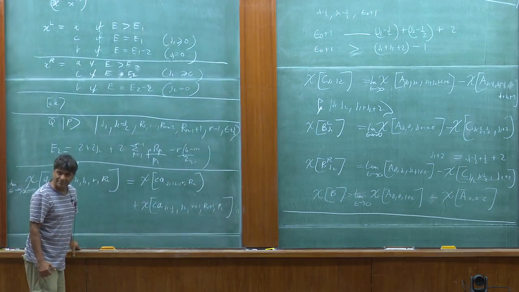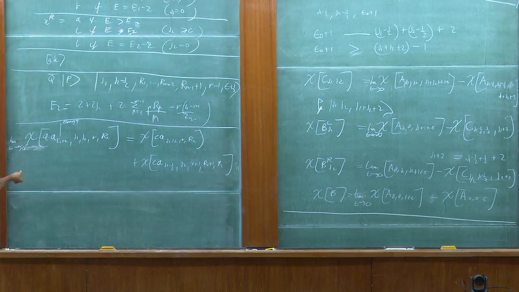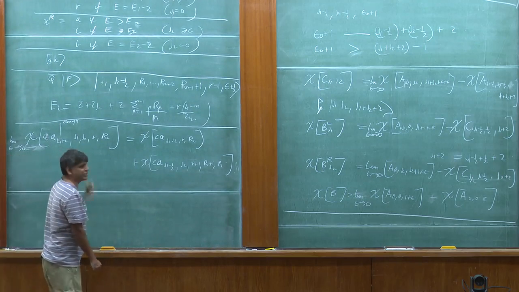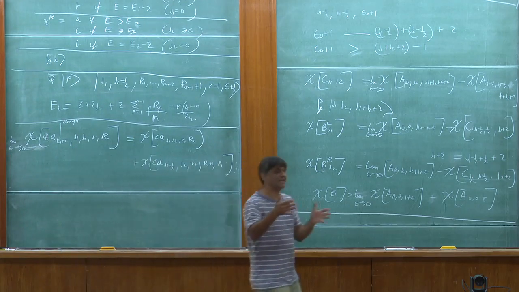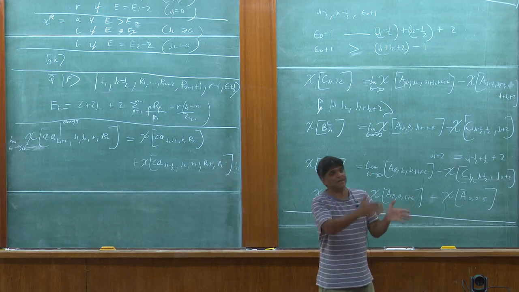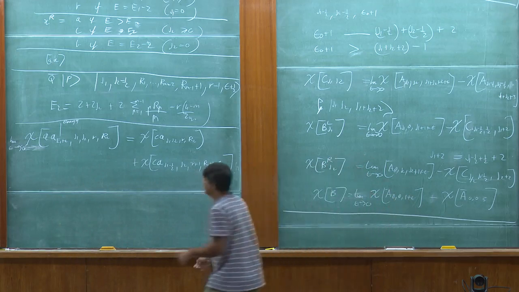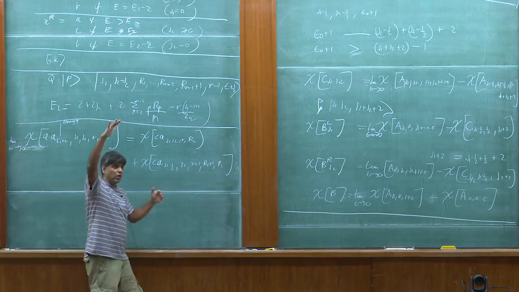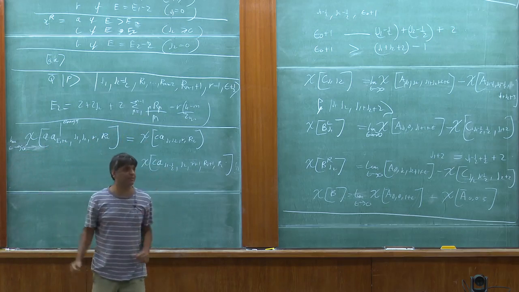Is this okay? Fine. So now let's look at this equation. This time I've written, instead of writing the short representation as something minus something, something plus something. So I've taken the long representation with the limit epsilon goes to 0 to the left hand side, and showed how a long representation, when it reaches the unitarity bound, decomposes into representations.